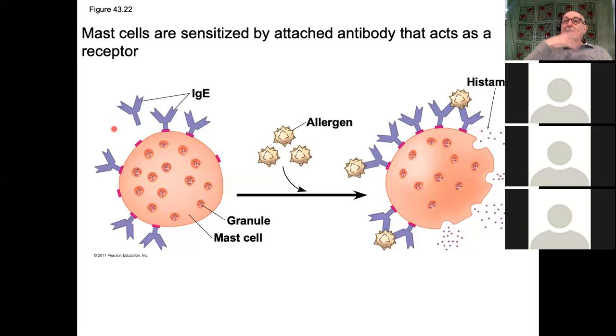Something has come in and has induced the production of antibody, and the mast cells will take some antibody and plug it into their cell membrane and use it as a receptor. And if ever it sees this allergen, this antigen again, for example during a secondary infection, the mast cell will, when it binds an epitope there, release its histamine.